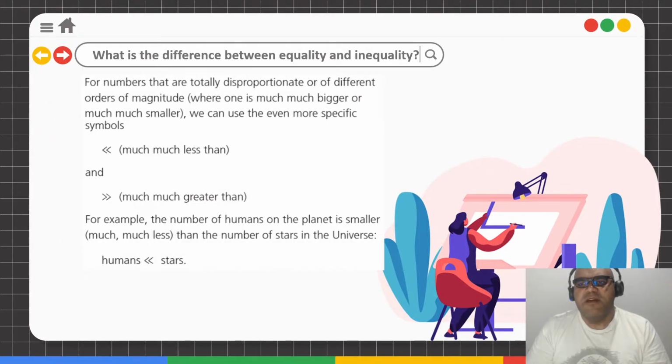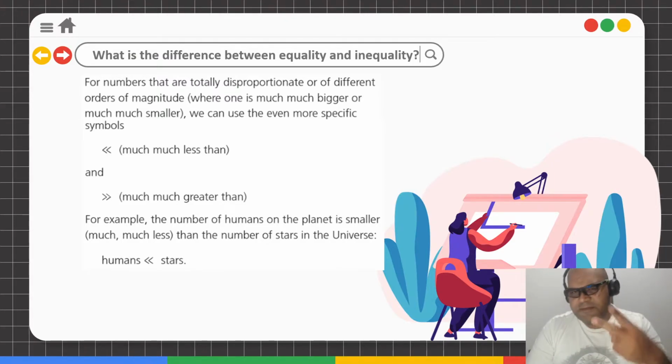Guys, another example is for numbers that are totally disproportionate or of different orders of magnitude, where one is much bigger or much smaller. We can use even more specific symbols like much less than or much greater than.